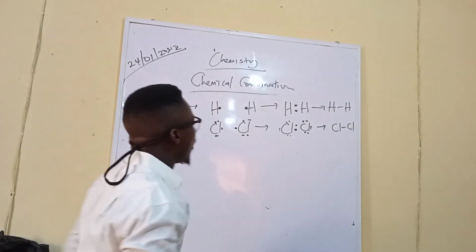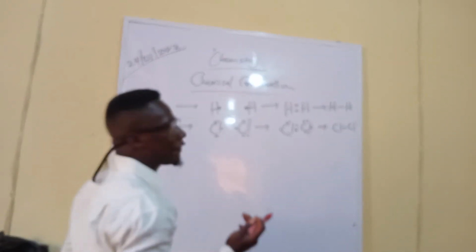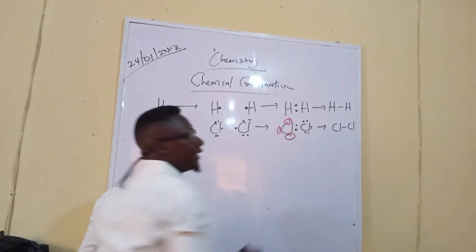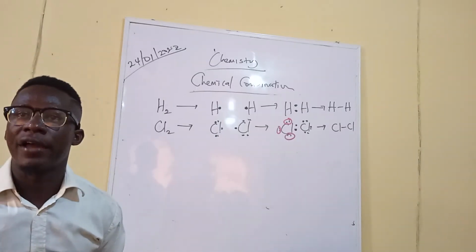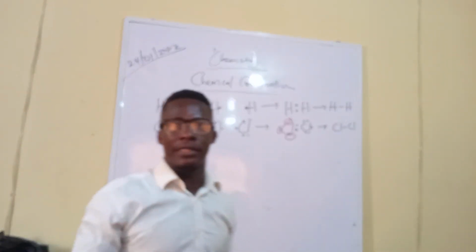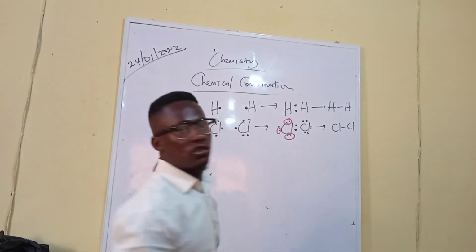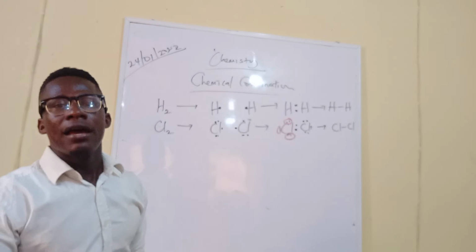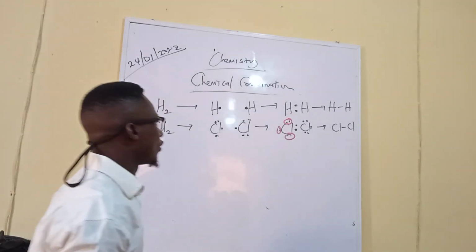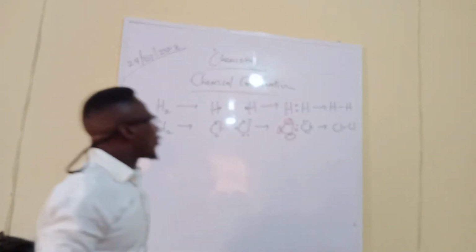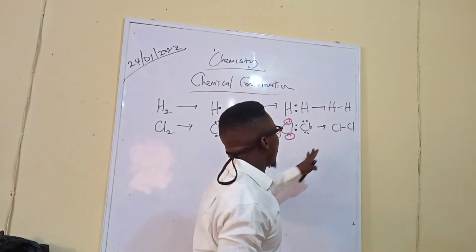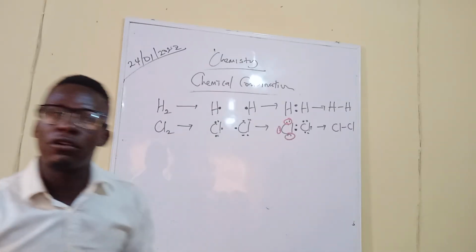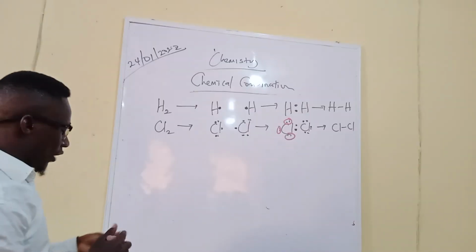So a chlorine atom after bonding still has 1, 2, and 3, three lone pairs of electrons on its atom. The same applies to the other. It uses 1 to bond and 3 are remaining as lone pairs of electrons. So generally, a chlorine molecule has a single covalent bond.